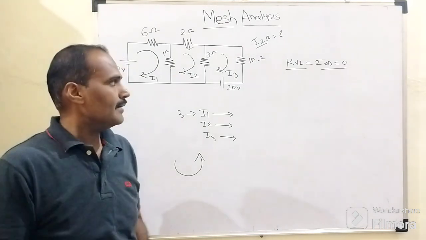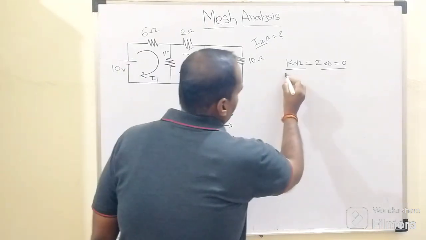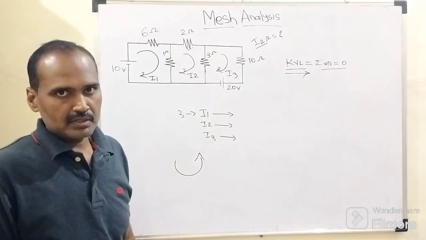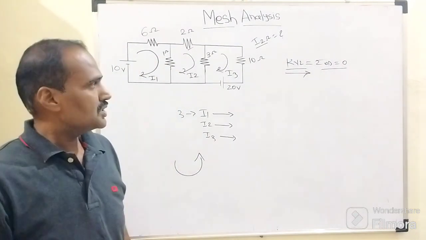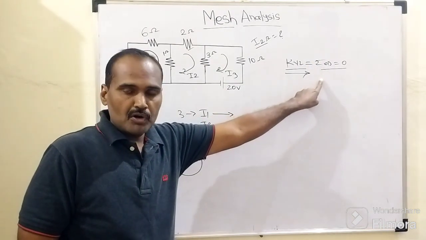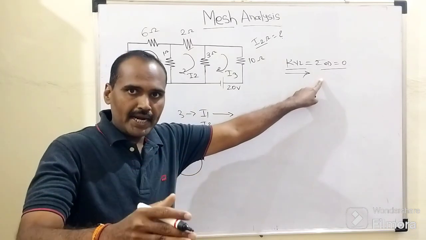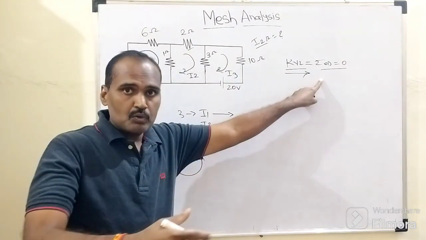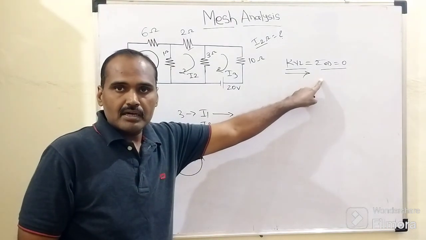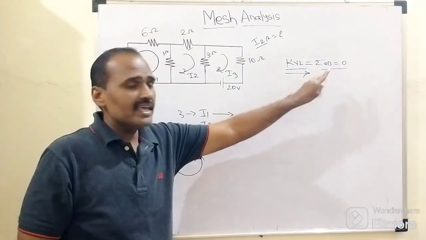Once it is decided, as I told you earlier, we need to apply Kirchhoff's voltage law to each and every mesh. According to Kirchhoff's voltage law, the algebraic sum of all ohmic drops belonging to each and every element of that closed conducting path is equated to 0.